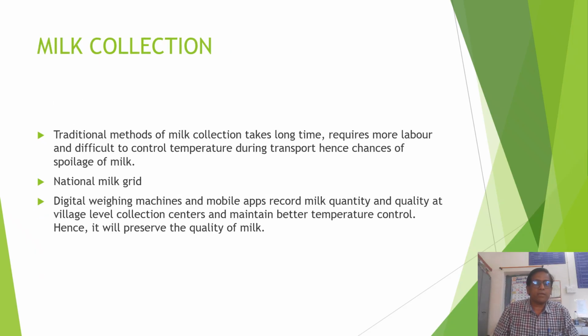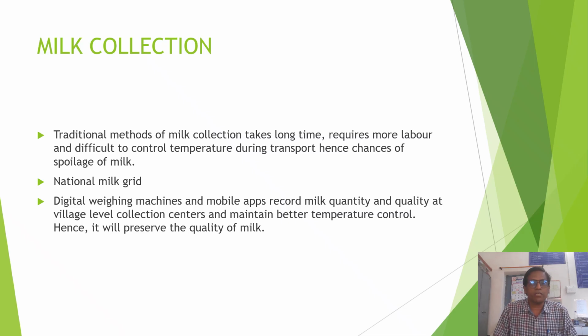The various steps involved in dairy processing start particularly from milk collection. While discussing milk collection, there are traditional methods in India which are used for collection of milk, but they take a long time and need more labor. It is difficult to control temperature during transport, hence there are chances of spoilage of milk.